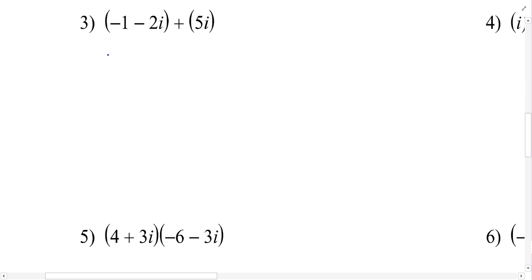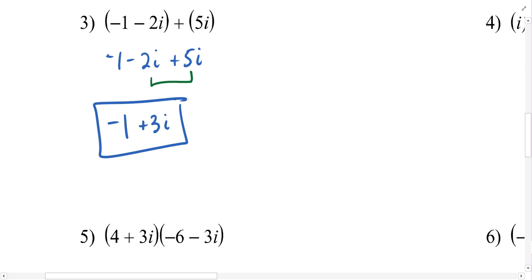For number 3, we'll do the same thing. We'll clear our parentheses, which in this case does not require any extra work. And now we'll combine like terms. -1 has nothing to combine with, but -2i plus 5i is a positive 3i. So we'll leave that as our final answer.